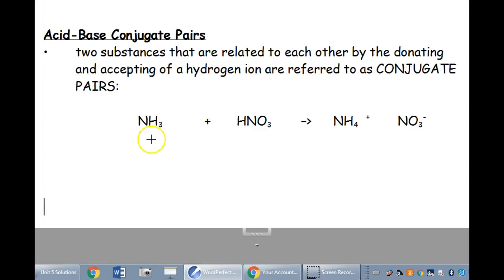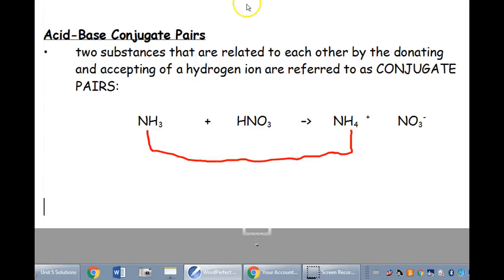So I know that my ammonia and my ammonium are the acid-base conjugate pair. And I know that because the only difference between ammonia and ammonium is 1 proton.